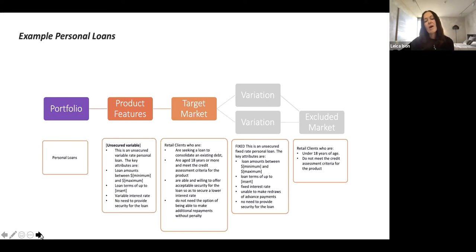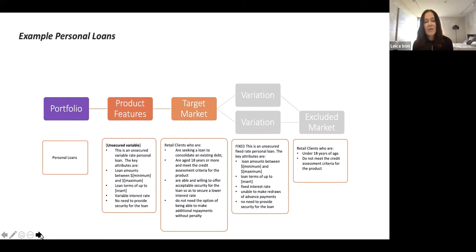So if I just touch on that excluded target market, again, when I think about the excluded target market, I always like to compare that back to the target market, and they almost should mirror each other. So for example, in your target market, a really easy one is the customer being over a certain age, in this example, over 18 years of age.